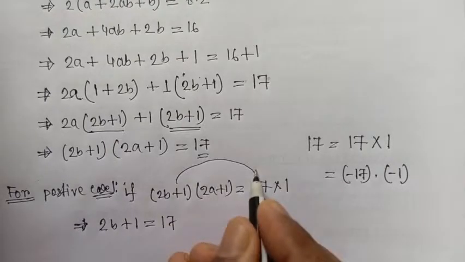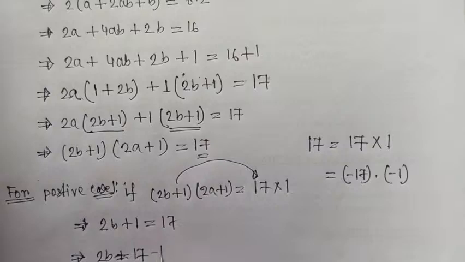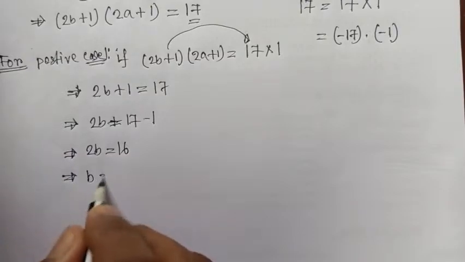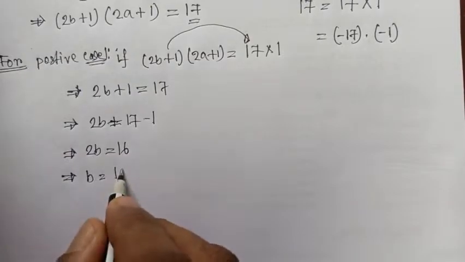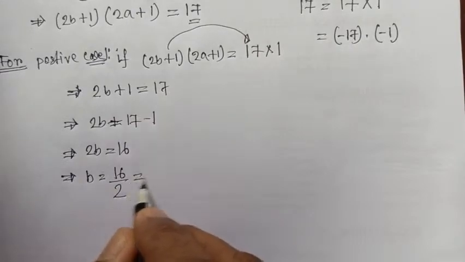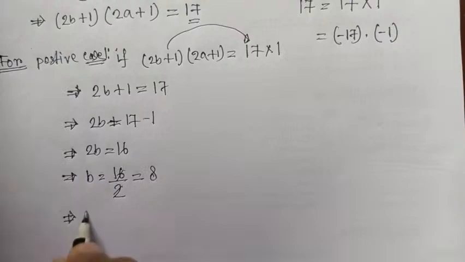Okay, so we are getting 2b equals to 17 minus 1, 2b equals to 16, or b equals to 16 by 2, that will be cancelled, like 8. So we are getting the value of b equals to 8.